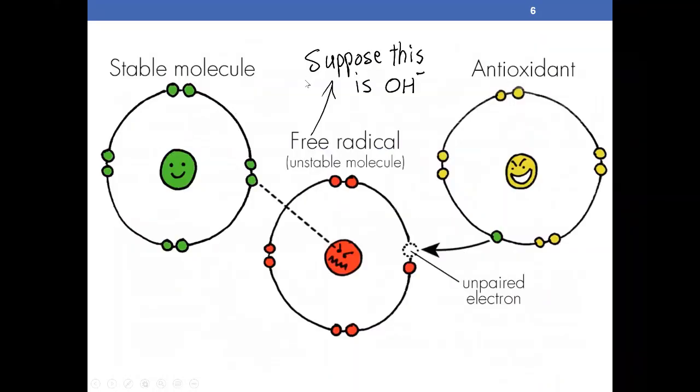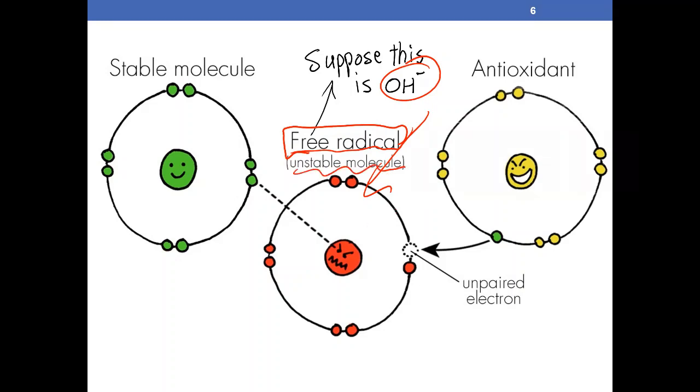So I just want to show the concept over here. Let's suppose this molecule right here, the one that's angry, is the hydroxyl free radical. The reason these free radicals are harmful is because they are unstable molecules.